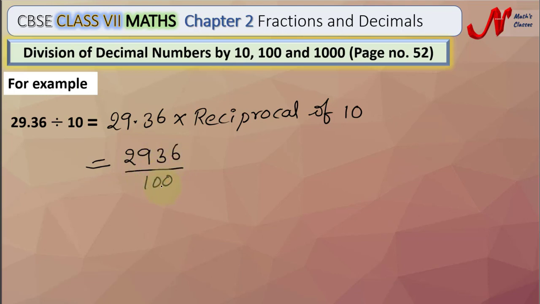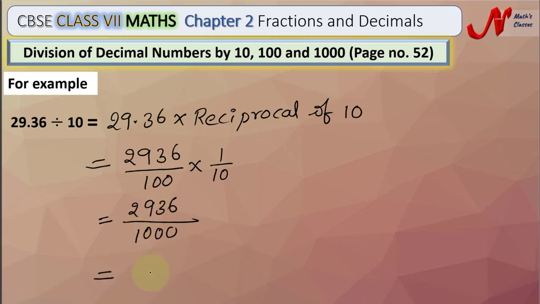In denominator we write 100 because in 29.36, after the decimal point we have 2 digits, into reciprocal of 10 means 1 by 10, which can be written as 2936 divided by 100 into 10 is 1000.